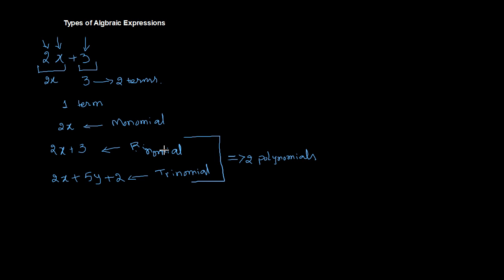So this differentiation of different types of algebraic expressions depends on the number of terms. Although I've used two variables, don't worry about it. This is just an expression with two variables, but there are three terms.